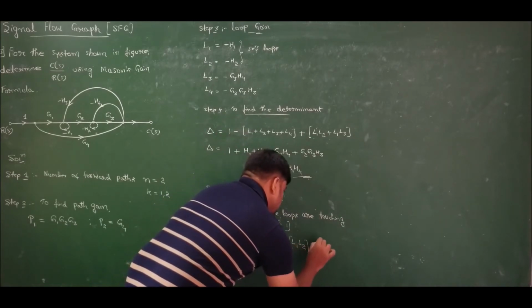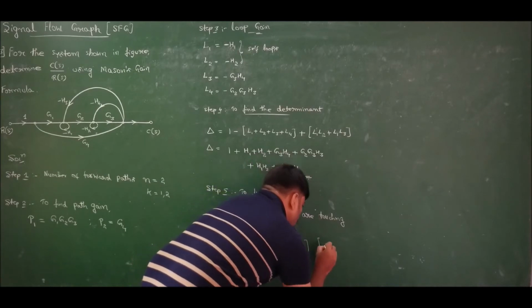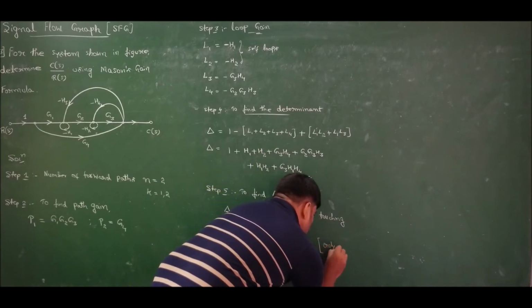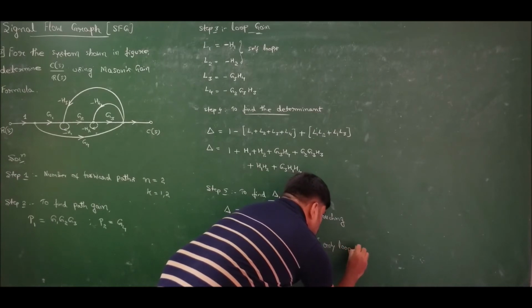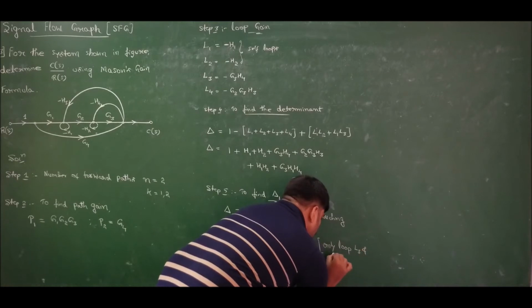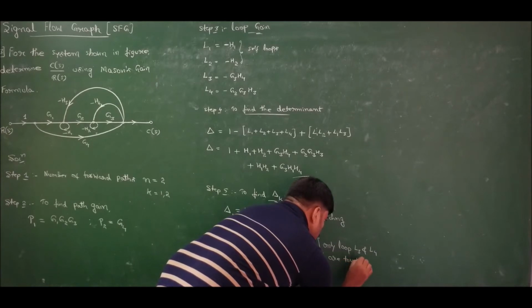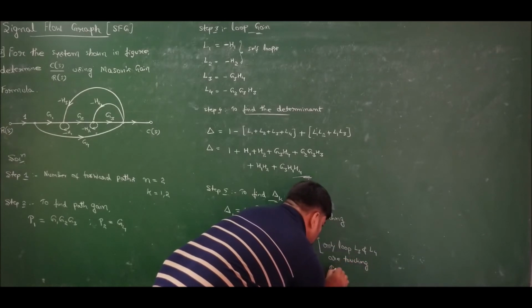which means that only loops L3 and L4 are touching path 2. Eliminate them.